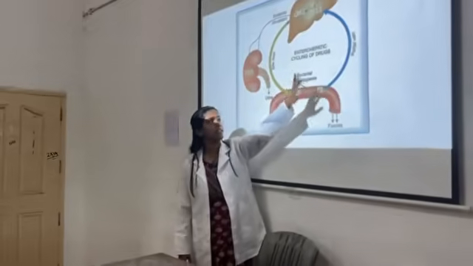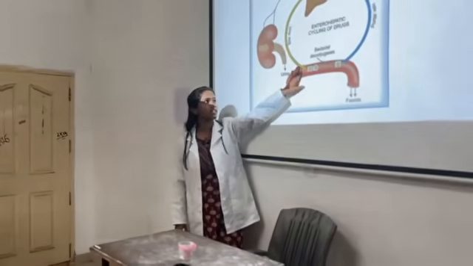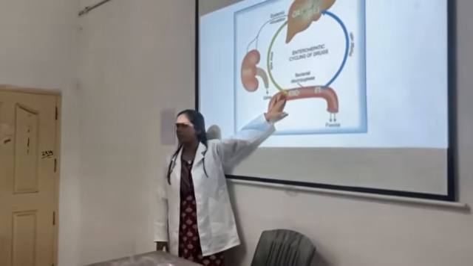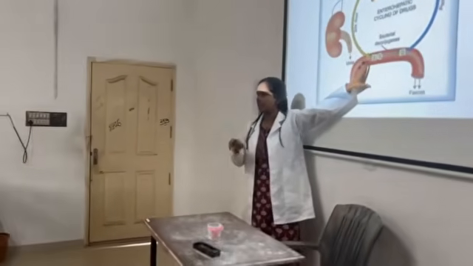This drug again will reach the portal vein and again reach the liver. So we can say it is a cycle which repeats in the body for a long time. So the drug will be present in the body for a long period of time, and it helps in the prolonged use of the drug in the body.